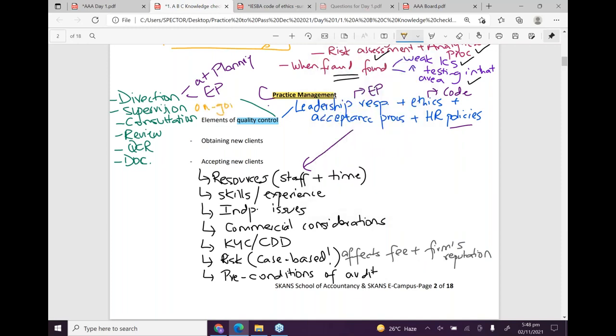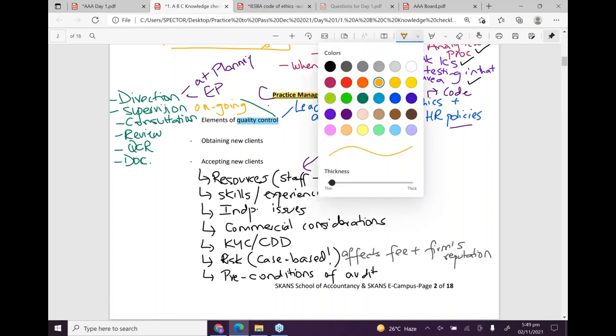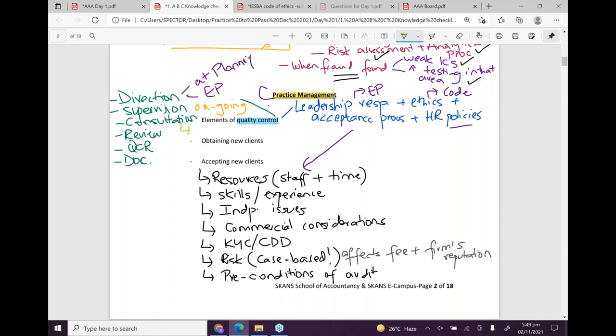So throughout the audit, the partner and the managers should be dropping by to find out how the work has been done. Consultation basically means, and this is your favorite word as a AAA student, if there are certain areas you're not comfortable with, please get an expert to help you. So if you can't work on actuarial valuation in employee benefits, get an expert, otherwise quality would be compromised.